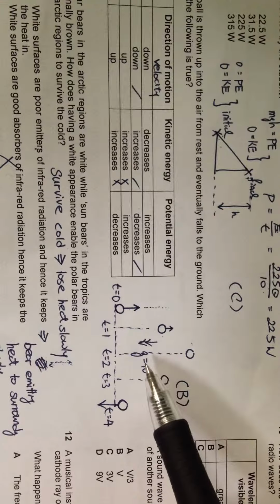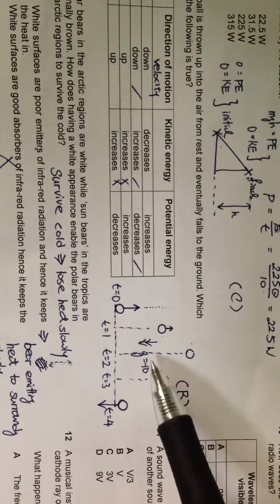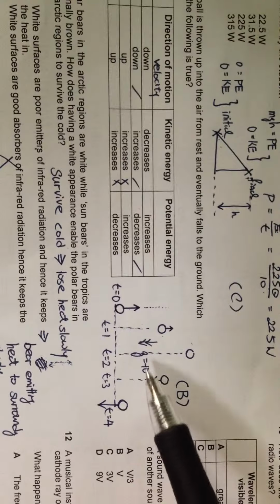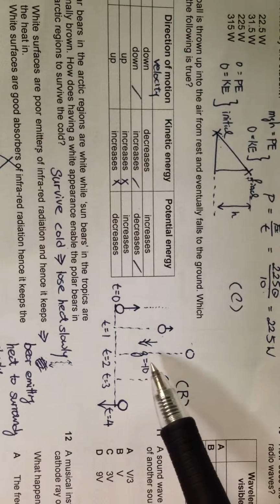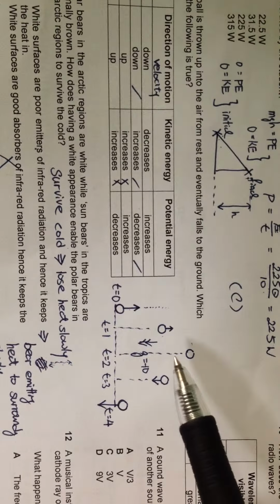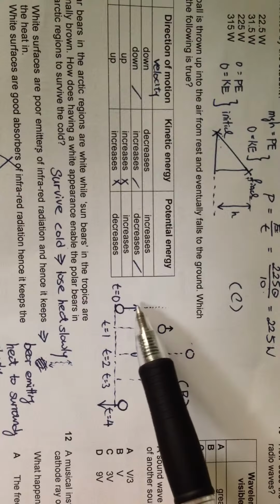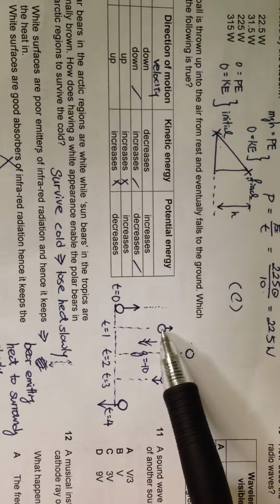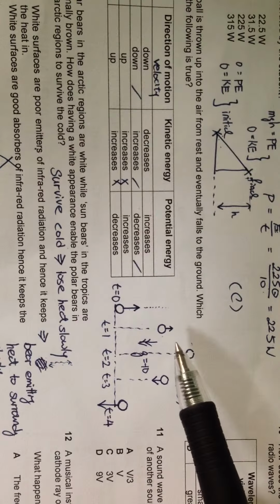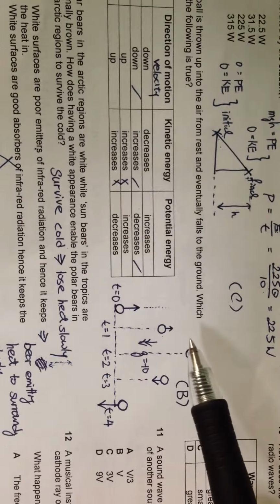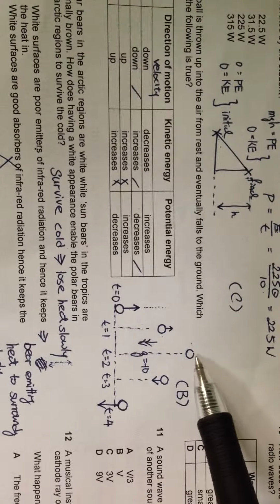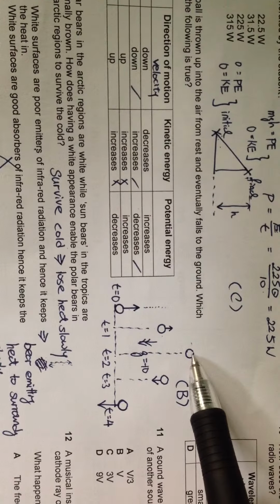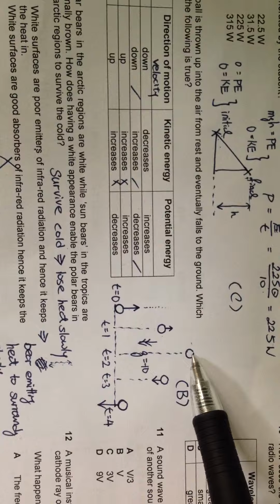Because gravitational acceleration is minus 10 meters per second squared, every 1 second my speed will be slowed down by 10 meters per second. So if I have 100 meters per second here, after 1 second I will get 90. After another second, I will get 80. After another second, I will get 70, and so on until my velocity eventually becomes 0, because the acceleration is in the opposite direction.